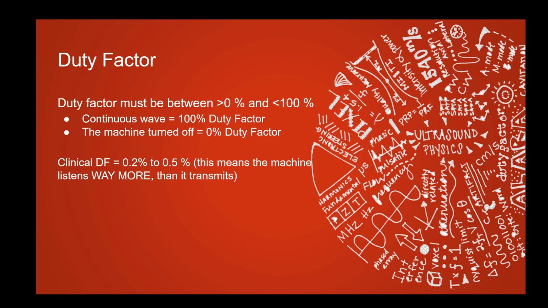Less than 100%, can't be 100%, unless we have a continuous wave. The only way it can be 100% is if we have a continuous wave probe. Clinically though, remember, duty factor is only like 0.2% to 0.5%. So what this means in the end is that the machine is listening way more than it is spending time sending pulses out.